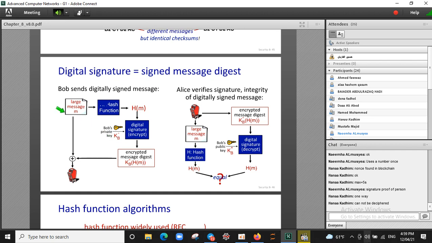So we send the message M plus the encrypted format of the hash, the result of the hash function encrypted by the private key. And we know that this hash value is short, with fixed size.